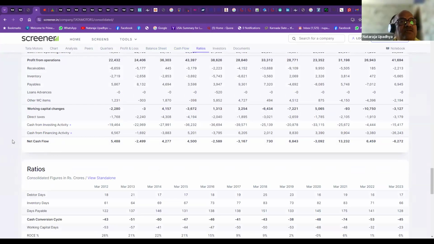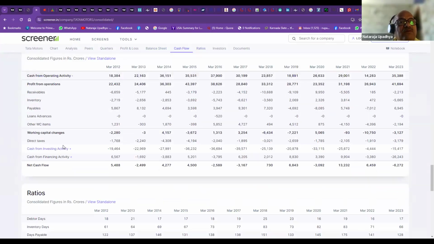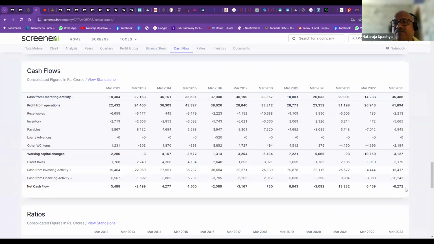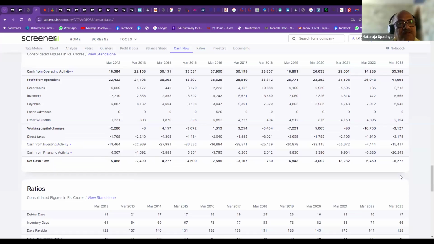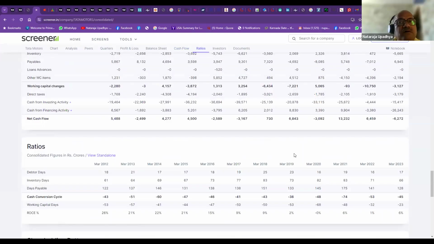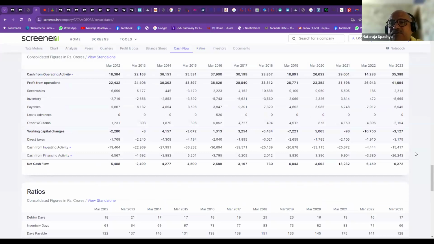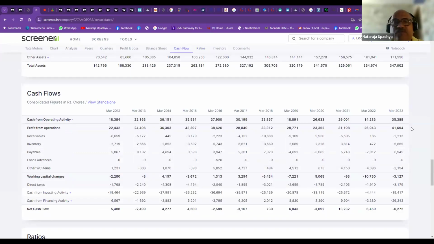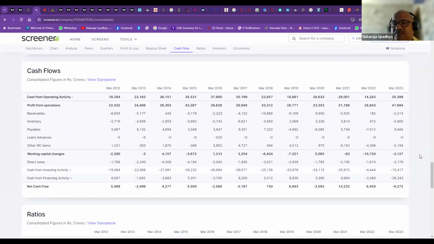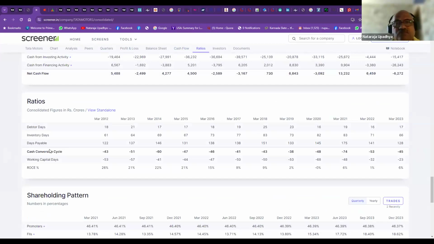So today, net cash flow is actually negative. Though it is negative, there are profits there, so it's marginal. Of course, there are borrowings to manage that.